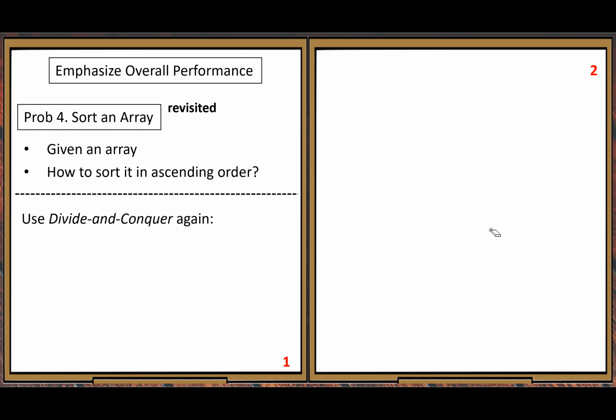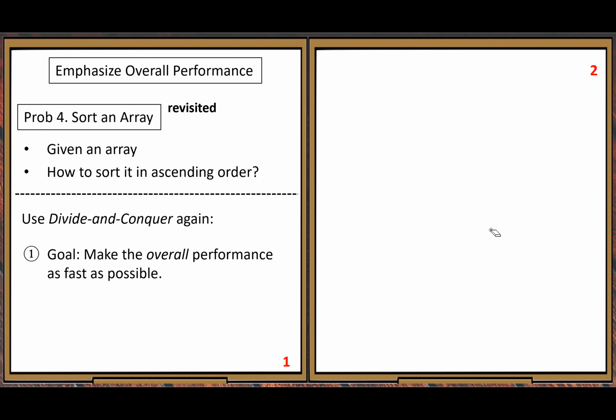But the ways we do the divide and conquer are quite different. Here, we will take a different view of divide and conquer. So let's look at what kind of view change we make here.